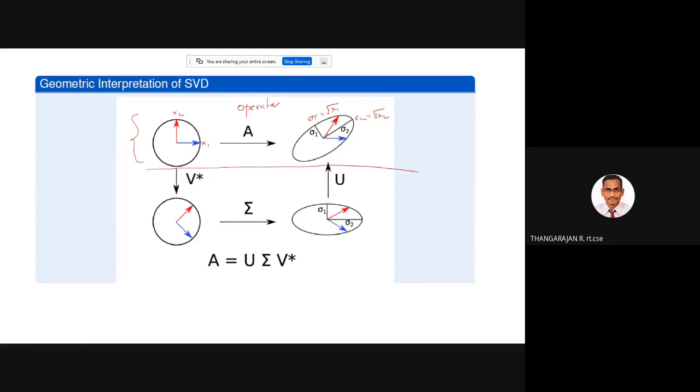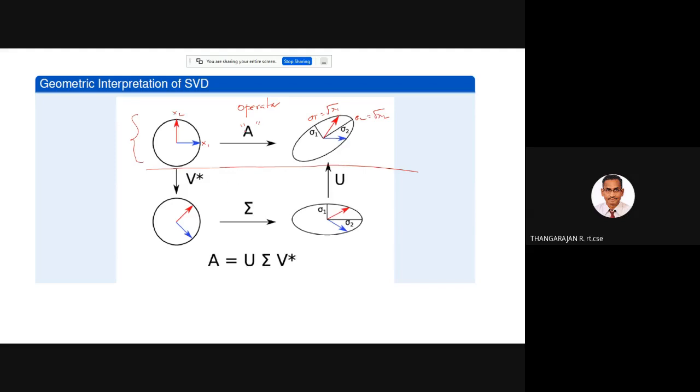And the vector has rotated. You see that sigma 2 is dominant in this case, its length is more, and sigma 1 is less dominant, its length is less. So this operator A has this effect on this particular vector.